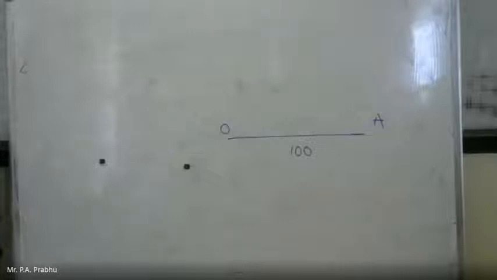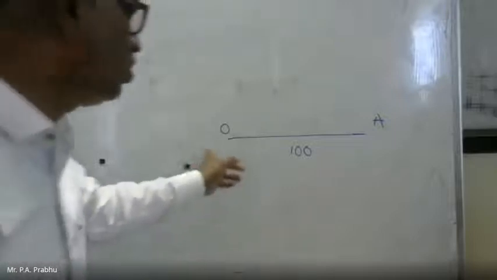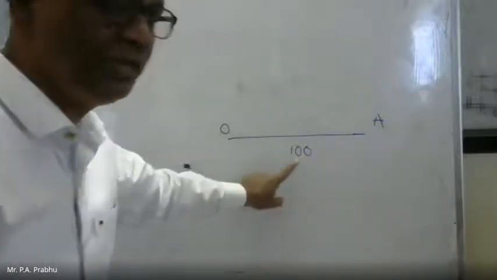Archimedes spiral for maximum radius 100 mm for one convolution. First step, draw the horizontal line of a given maximum radius.